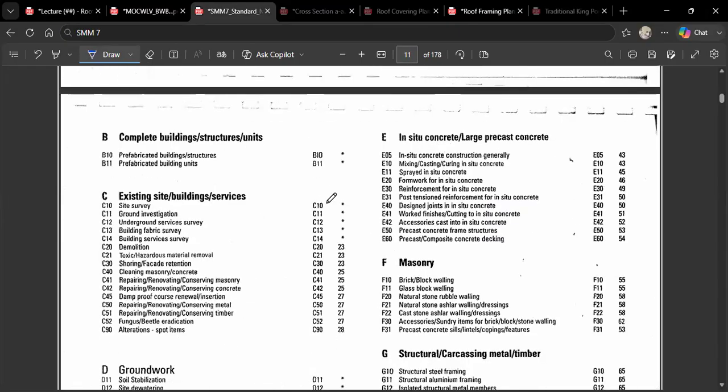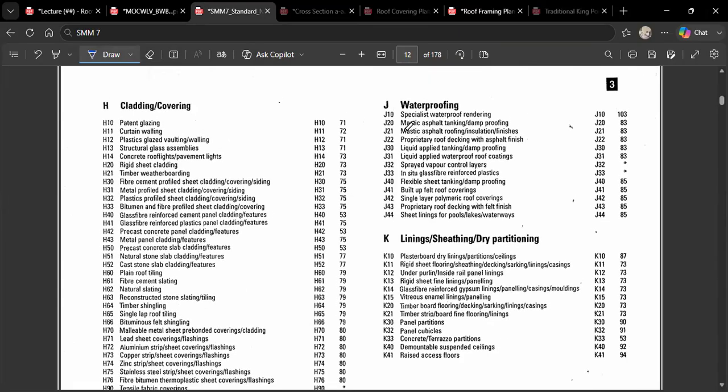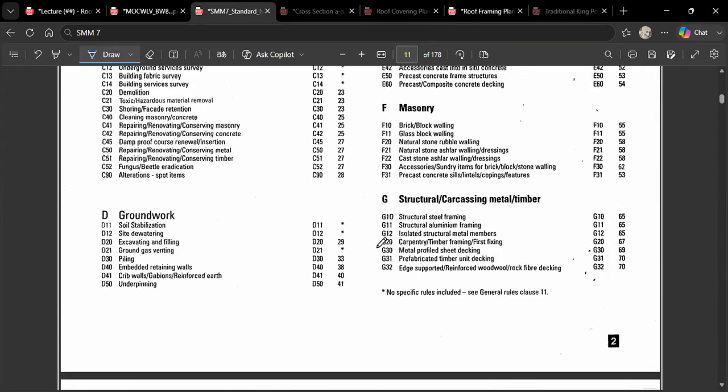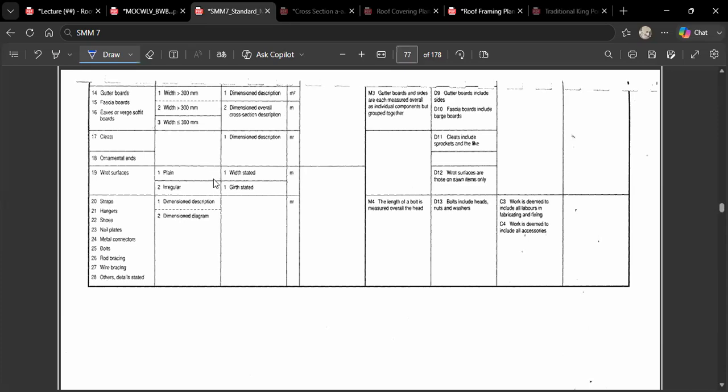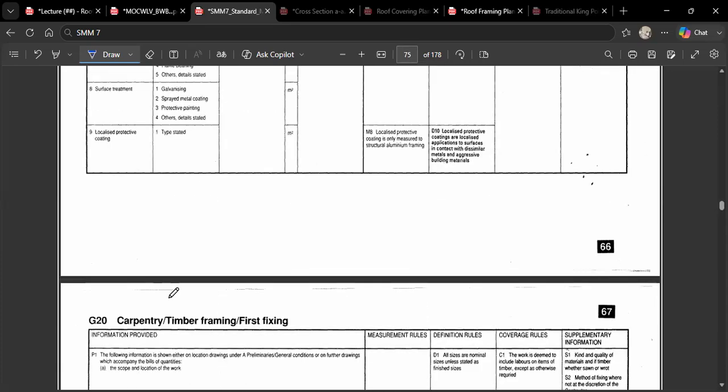So I want to show you over here and then we proceed. This is our G20 and that is what we are going to open in the SMM7. If you can see G20 over here, page 67. Good. So this is our G20 over here.